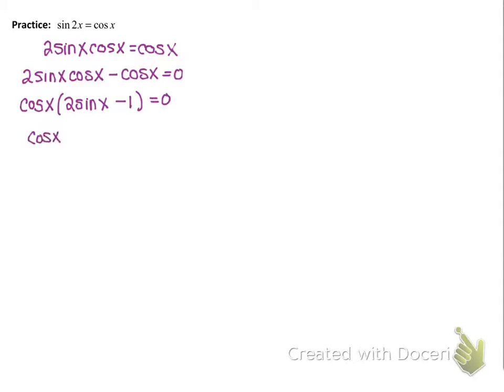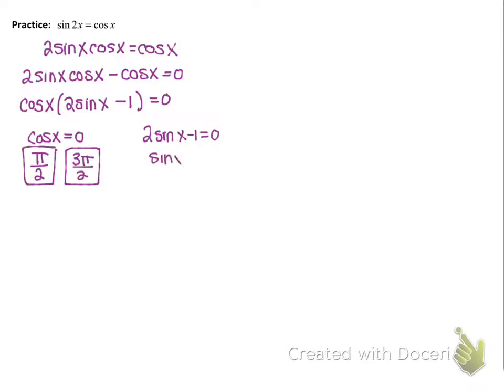Cosine is 0 at pi over 2 and at 3 pi over 2. And then we have 2 sine x minus 1. So then we have sine of x, we add 1, divide by 2, so we have 1/2. And so that's positive, so sine is positive 1/2 at pi over 6 and at 5 pi over 6.